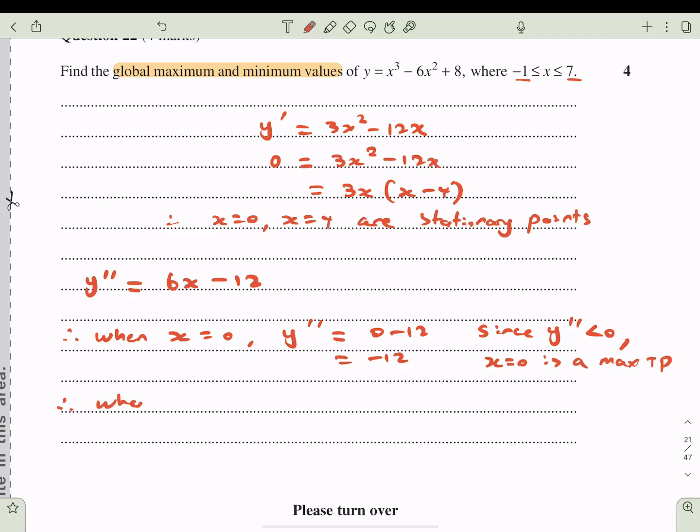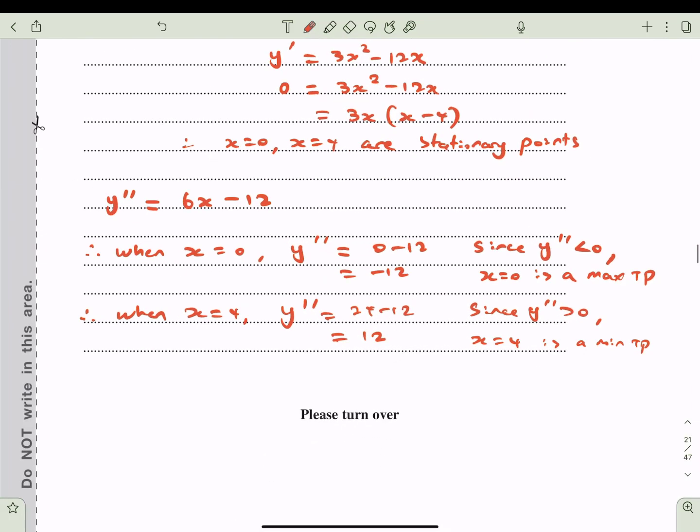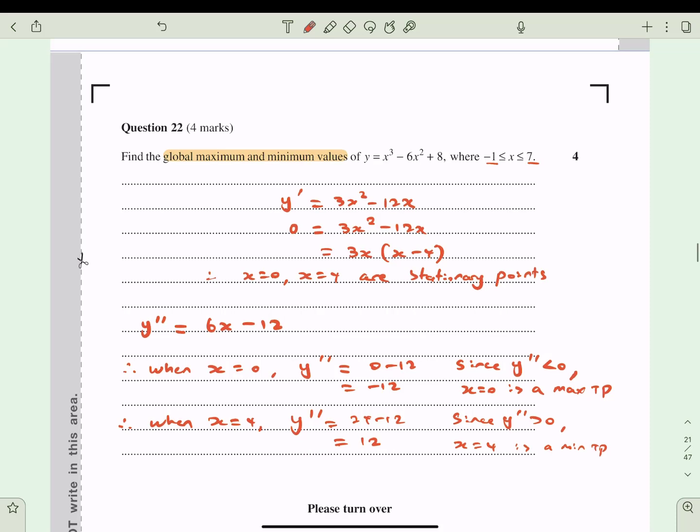Now, same thing for when x equals 4. Y double dash equals 24 minus 12 equals 12. So since y double dash is larger than 0, x equals 4 is a minimum turning point because it is concave up.